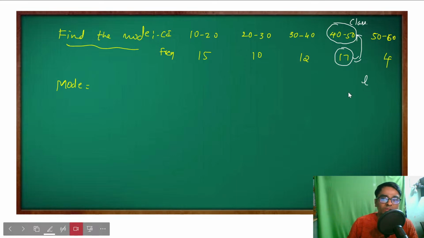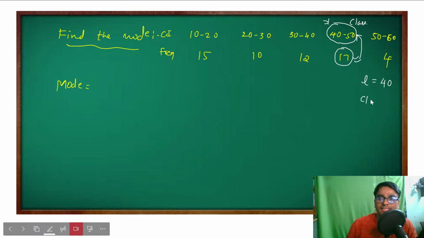Once you get the modal class, you will get your L value. In the formula you have L, right? L is the number which is present on the left side. So here L is equal to 40. Then what is the class size?